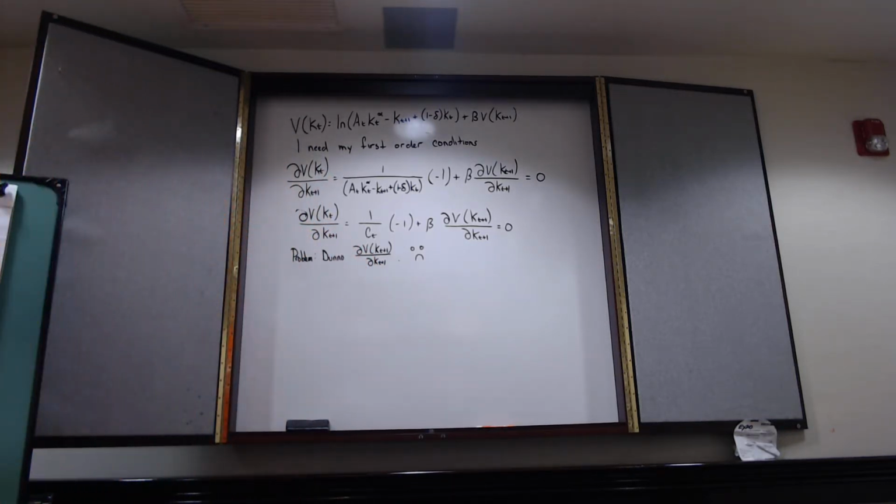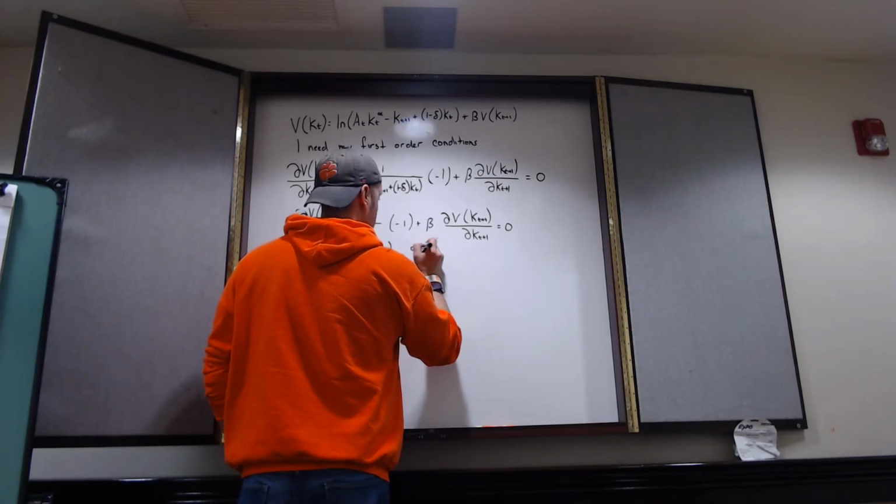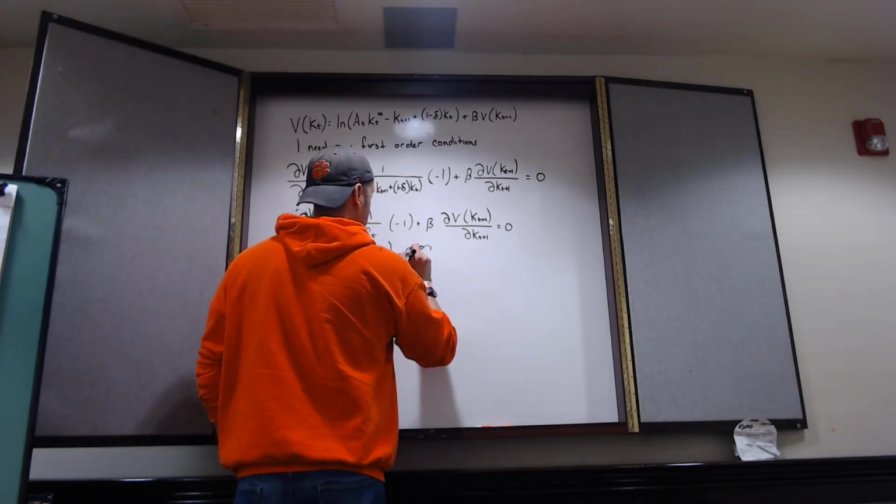And the problem is that we don't know what dv kt plus 1 over d kt plus 1 is. We've got a little frowny face, and I'm going to give him glasses this time.